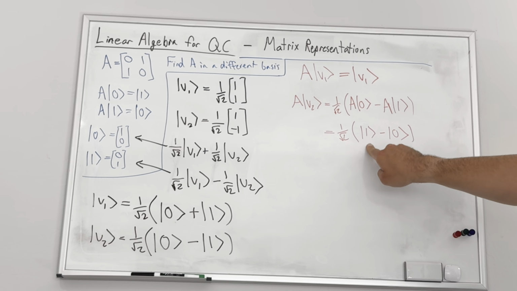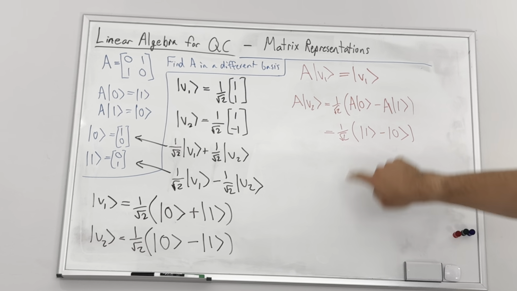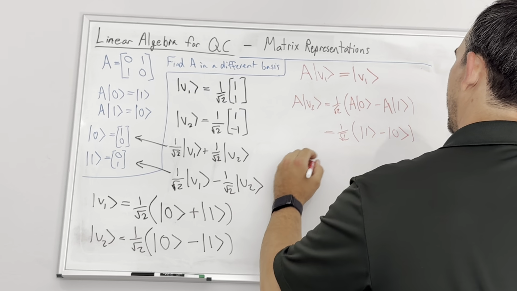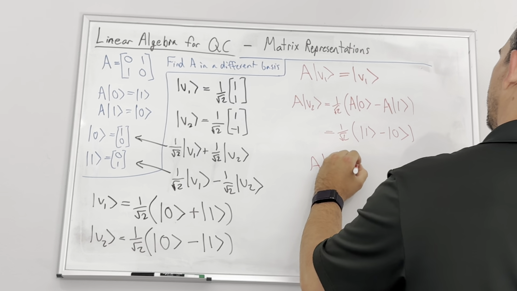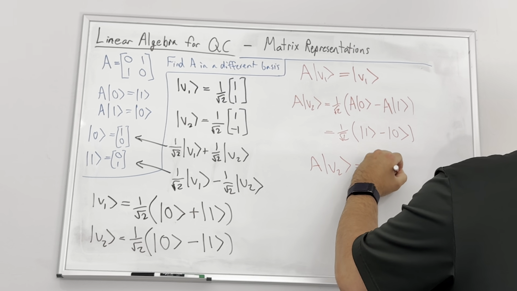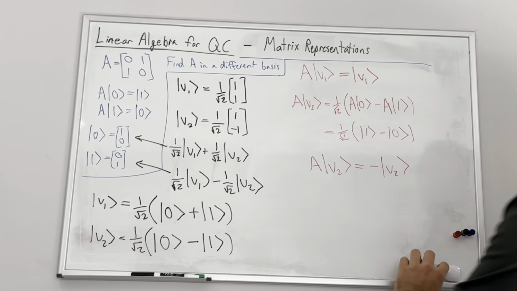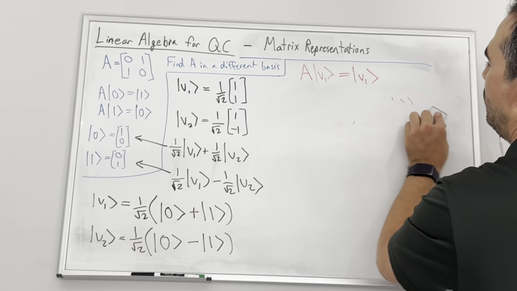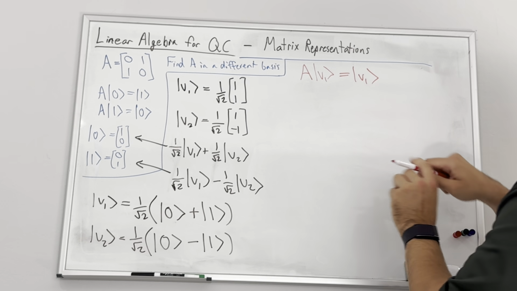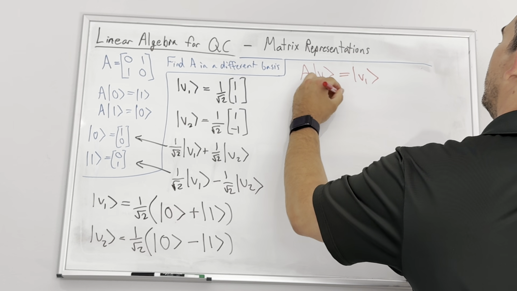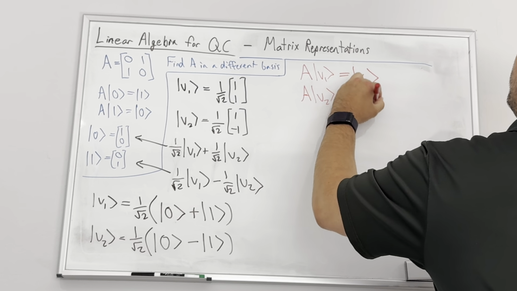Now, 1 minus 0 is kind of the opposite of 0 minus 1. In fact, it's the negative of 0 minus 1. So really, AV2 equals negative V2. So let's store that up here. AV1 equals V1, and A applied to V2 equals negative V2.